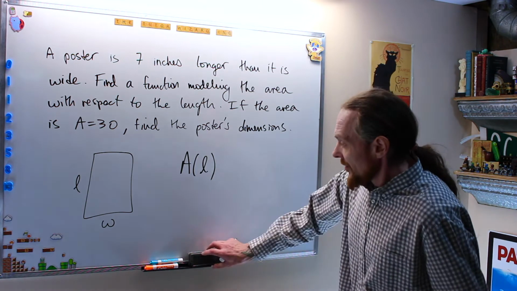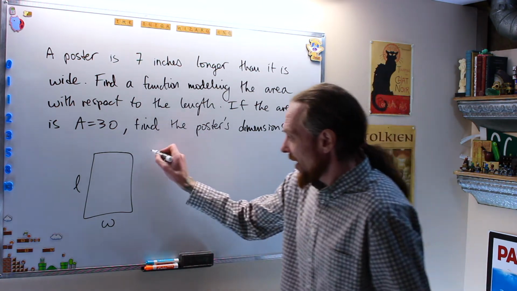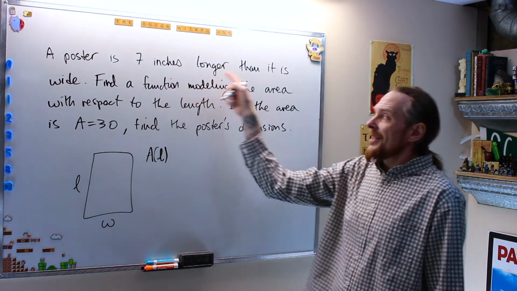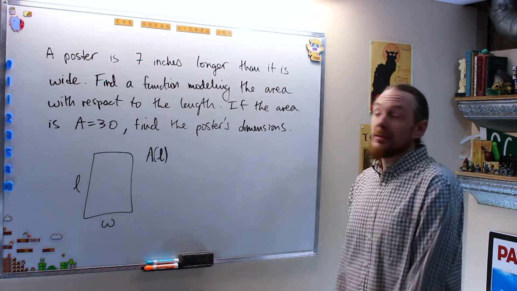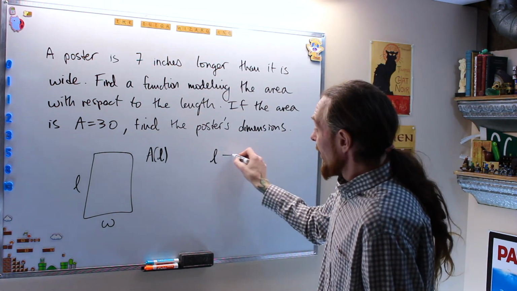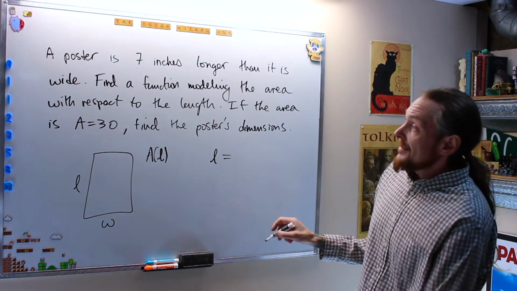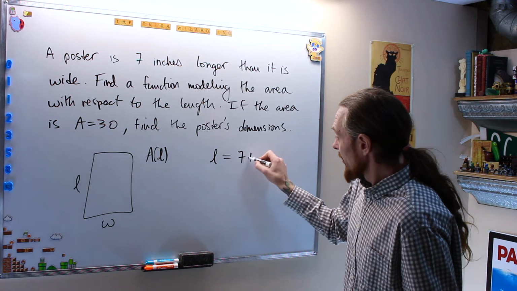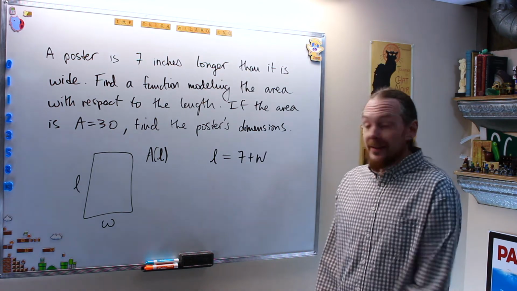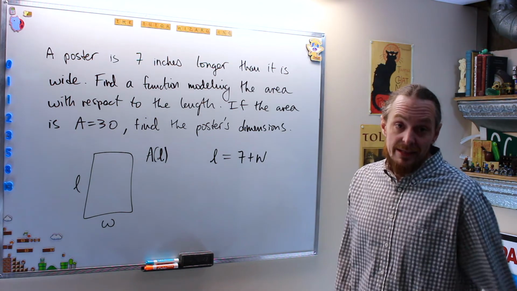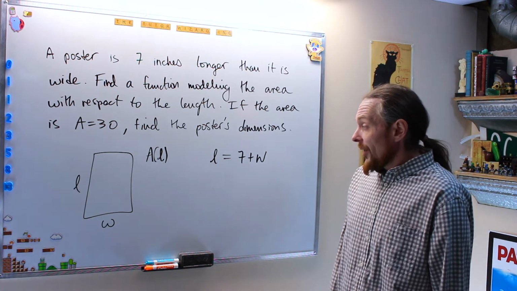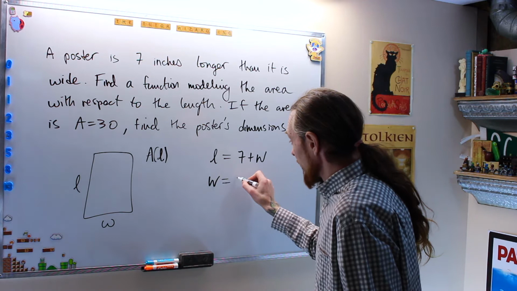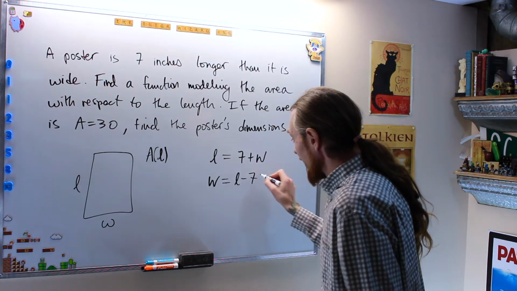But the first thing we want is, we're going to keep in mind that we want the area as a function of length. But it gave us in the first sentence a clever equals equation. It says that the length is 7 inches longer than its width. So whatever W is, the length is W plus 7 is what it's telling us. And then now what I can do is solve for W in this. W is length minus 7, therefore.